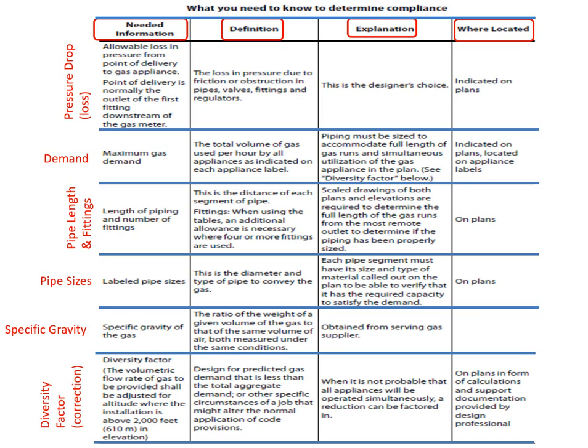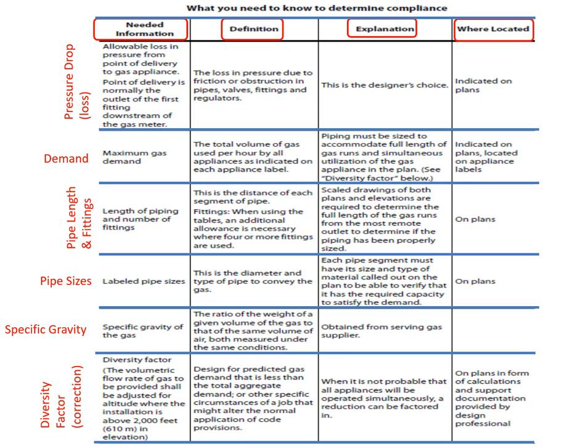Knowing that they will not be on at the same time, the designer will take the maximum demand of the two appliances and integrate that into the design of the gas piping system as an example. Explanation: when it is not probable that all appliances will be operated simultaneously, a reduction can be factored in accordingly.